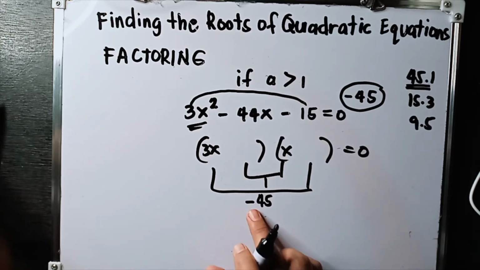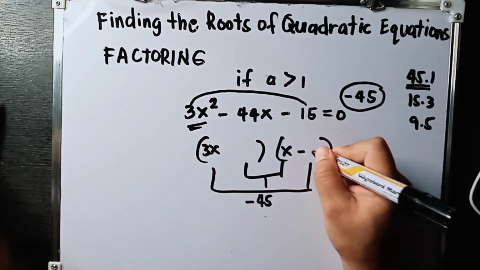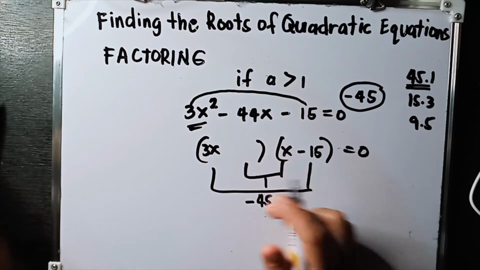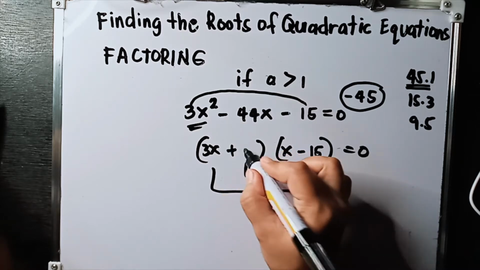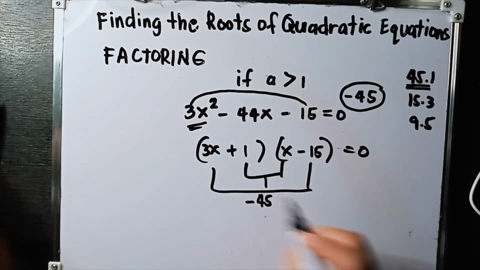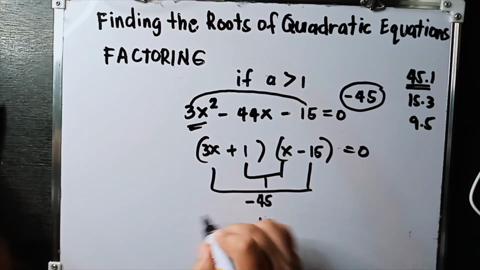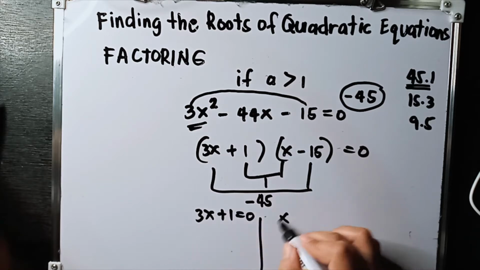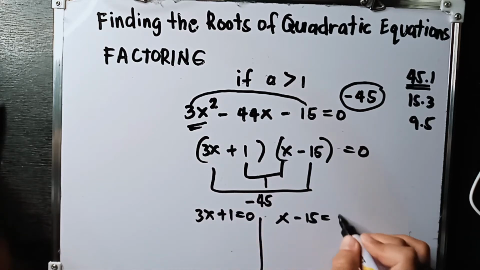And then, divide natin. Negative 45 divide 3 is negative 15. 1 divide 1, yung kasama nito kasi is 1. So, we have positive 1. Ito na yung mga factors. Equate natin sila sa 0. Etong kabila is x minus 15 equals 0.